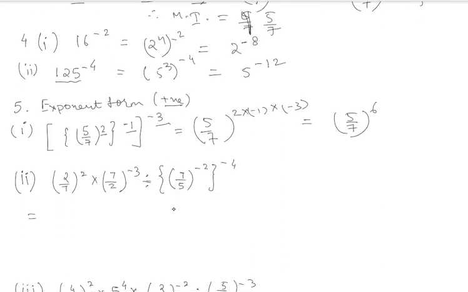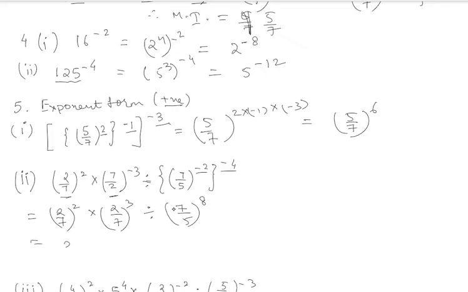The next question again, I can see that these two bases are somehow common or similar. (2/7) square multiplied by negative power, so this becomes (2/7) cube, and this is something different, so I will simplify this separately. (7/5) to the power of minus 2 into minus 4 is 8.